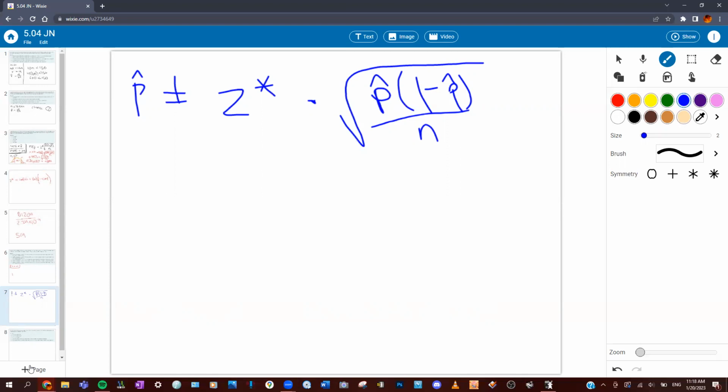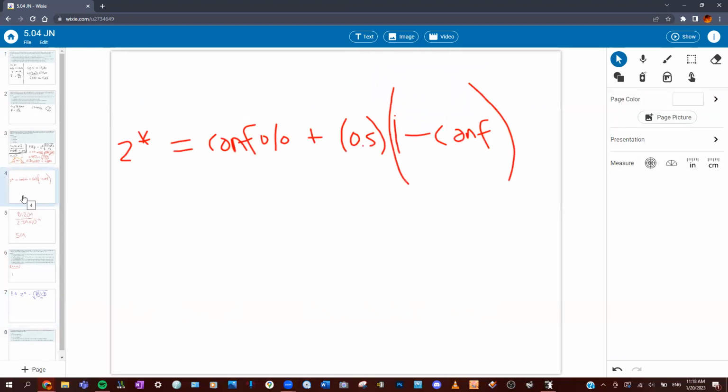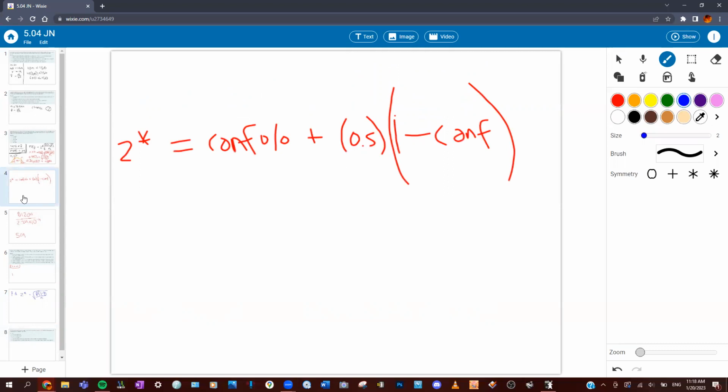So all right. Let's just find Z star, okay? So it said 90% confidence interval. All right. So that means we're going to do 0.9 plus 0.5 times this. If you think about it, there's 5% left over on each side.